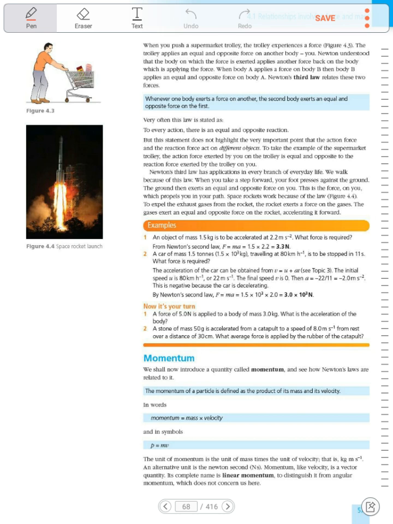The third law of Newton is: for each action there is an equal and opposite reaction, equal in magnitude and opposite in direction. Or, whenever one body exerts a force on another, the second body exerts an equal and opposite force on the first. Both forces have to be of the same nature.